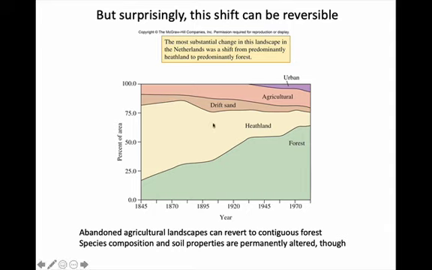All right, now this is the Netherlands. So from 1845 to about 30 years ago, look at how things changed. All right, agricultural land occupied only a small amount of this particular landscape, sand and basically heath. Now, what is heath? It's early stage succession.